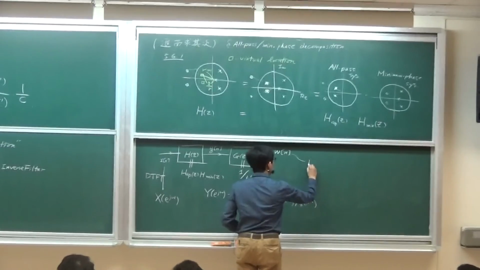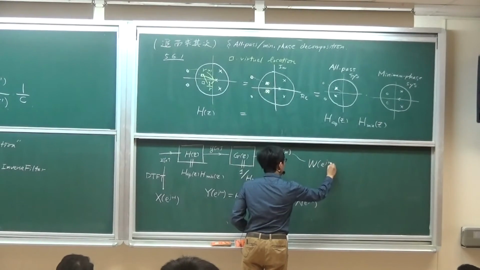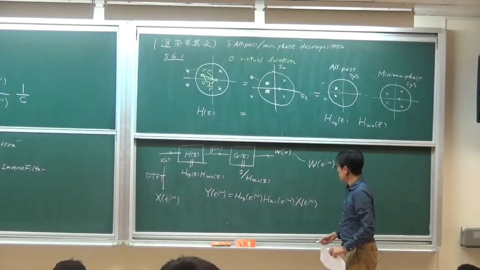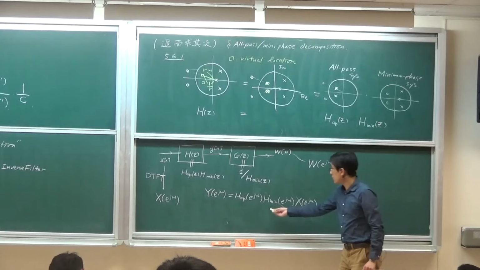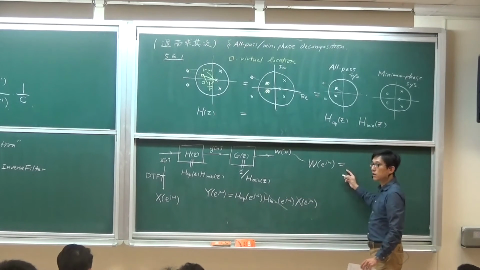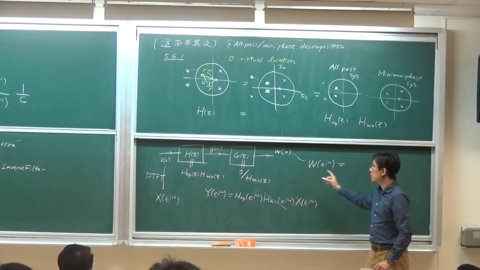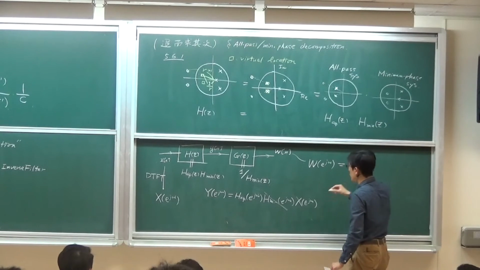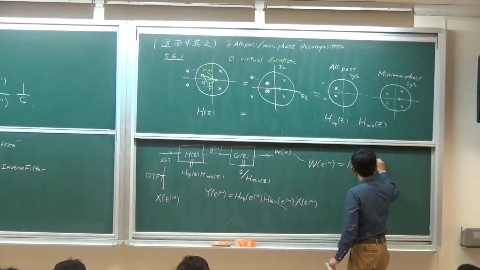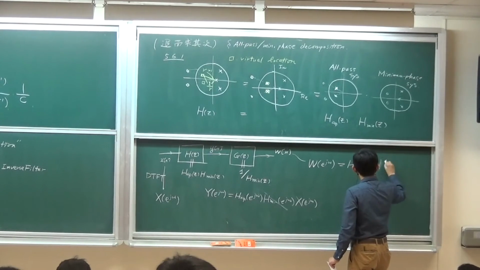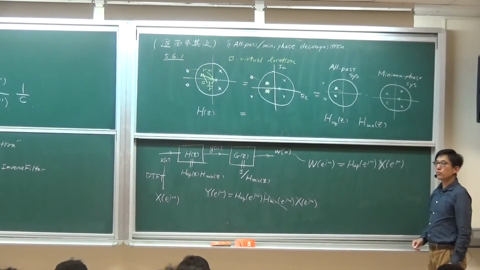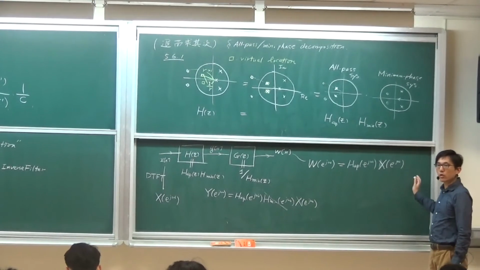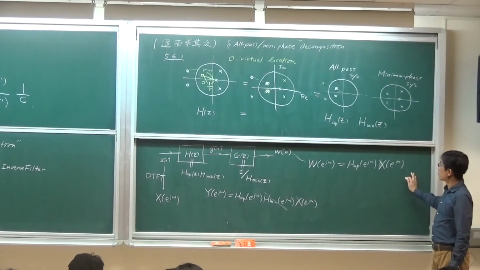The spectrum W, big W, is going to be, because this part is going to be inverted, so we know that at the very far right, the spectrum relates to the input as follows: H_AP(e^jω) times X(e^jω). This is the result we have.